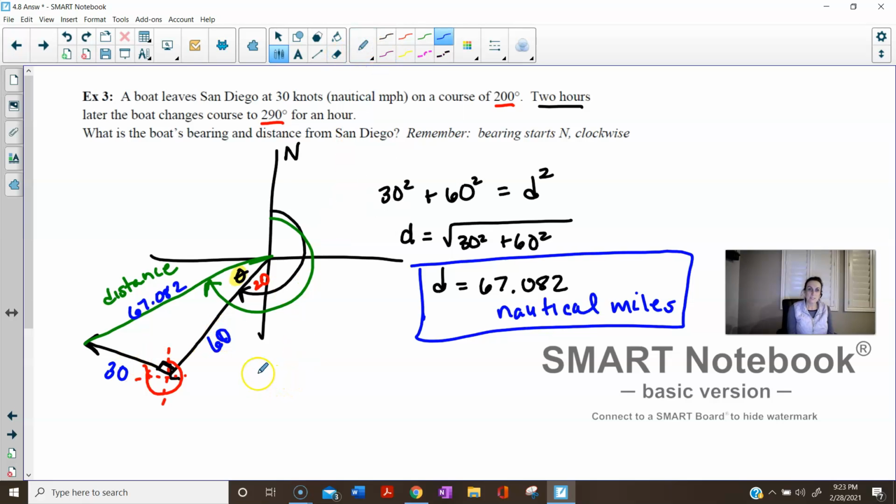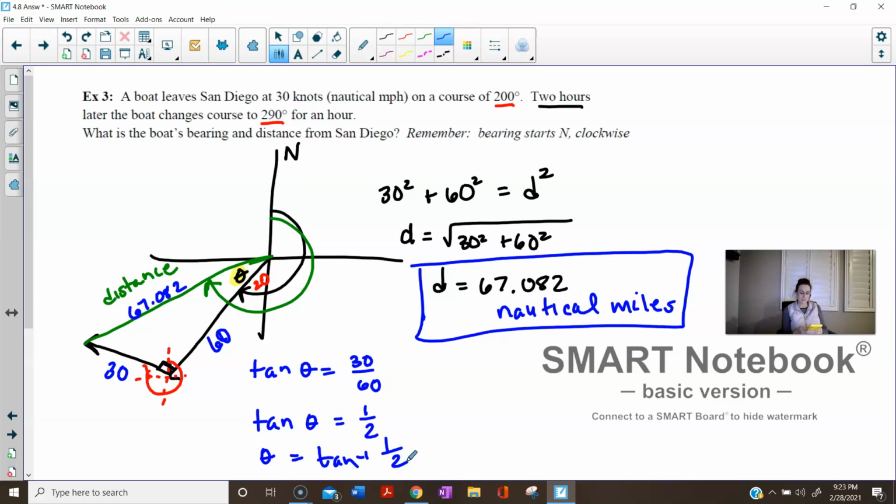So the tangent of theta is equal to 30 over 60. So the tangent of theta is equal to 1/2. And so how you find theta is the inverse tan of 1/2.